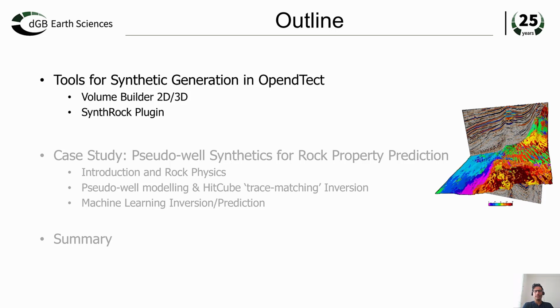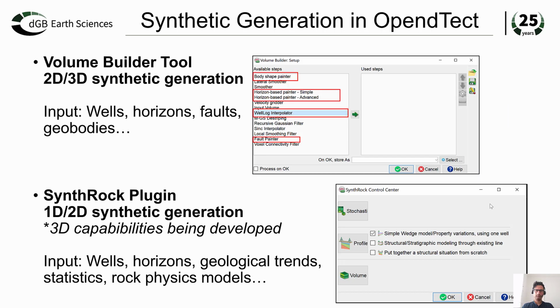The first method involves a HitCube trace matching inversion type of work, and the second method uses the pseudo-well synthetic data sets to train various machine learning workflows to predict rock property.